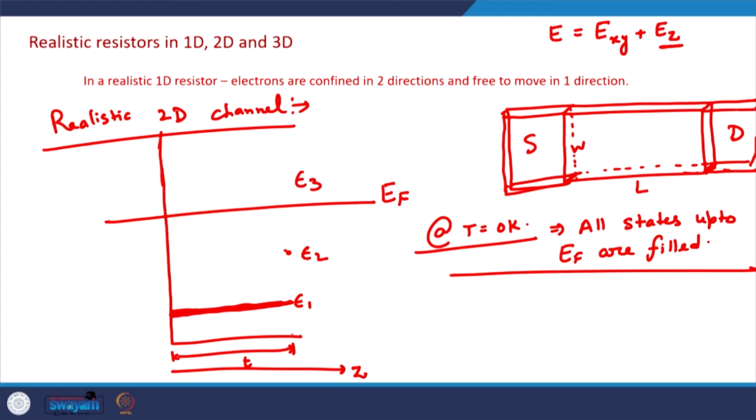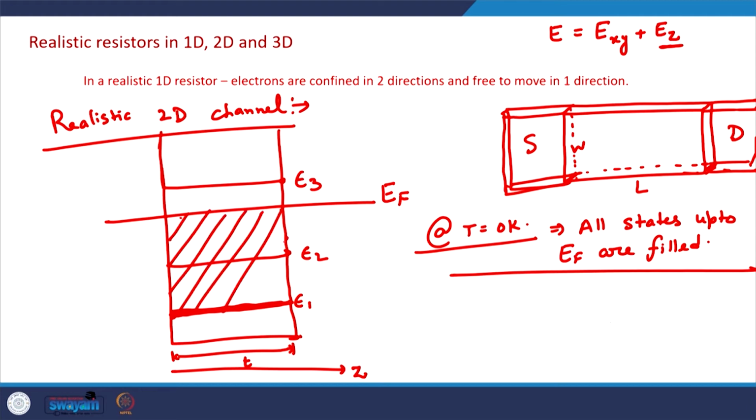So, let us say this was our original potential box, this is epsilon 3, this is epsilon 2, and all the states below the Fermi level are now filled.